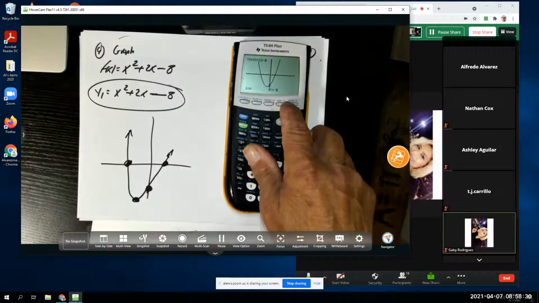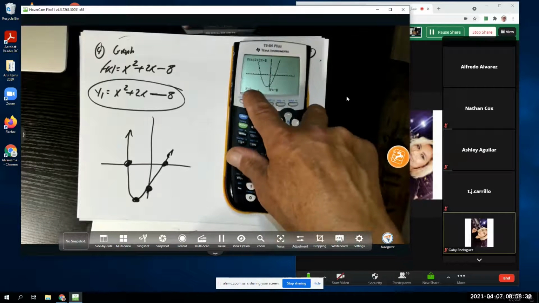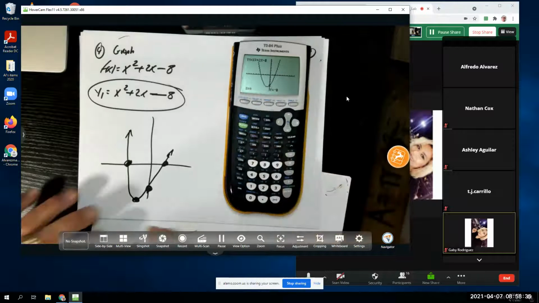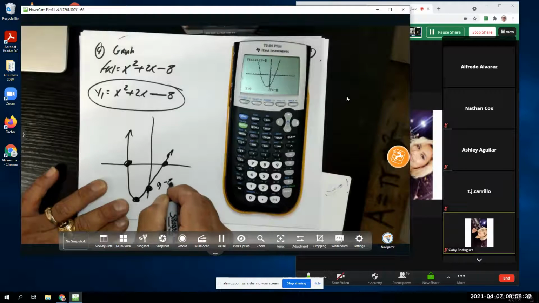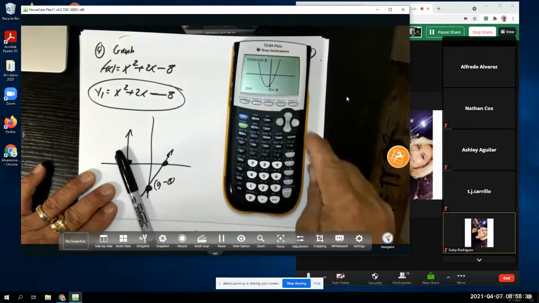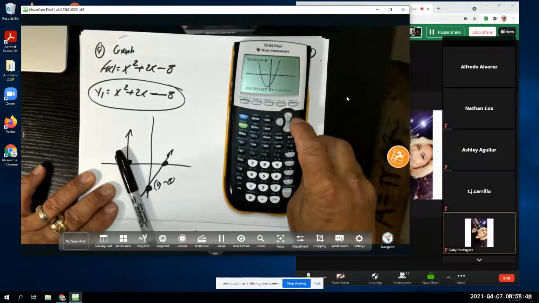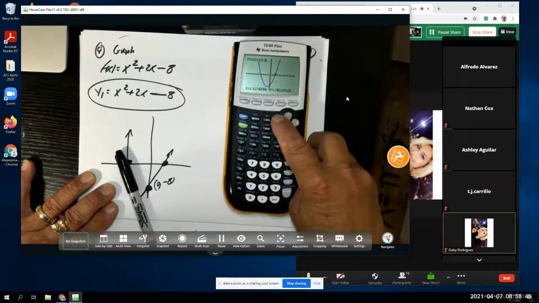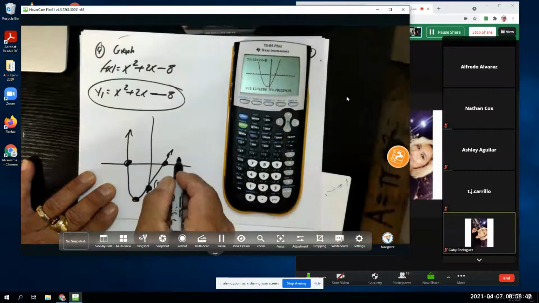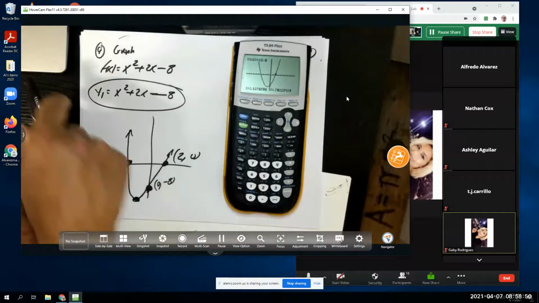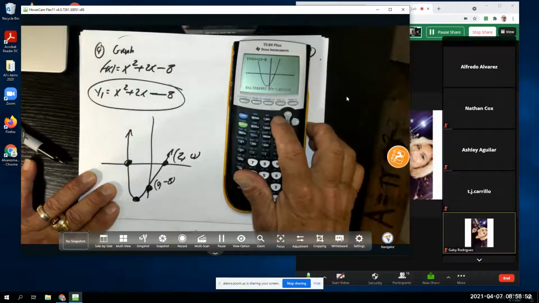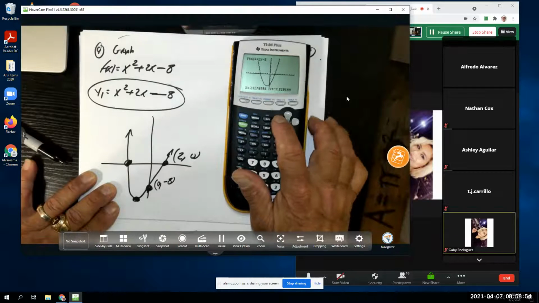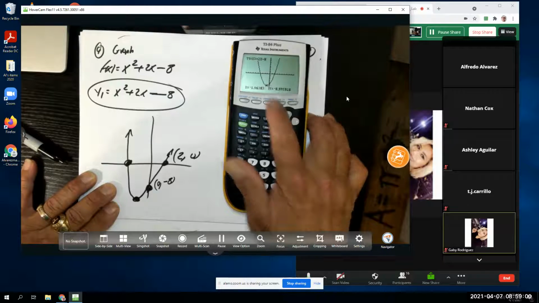Ready? Trace. It's going to say that this is 0 and -8. So I got one number. If I go to the right, I'm going to get close to the other side. It's going to be like a 2. Just round it off. 2, 0. If I go to the left, this one's going to be close to -1 and -9.